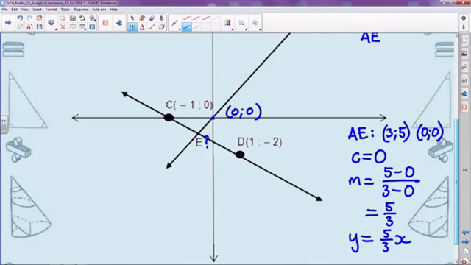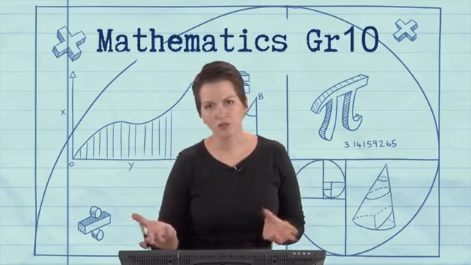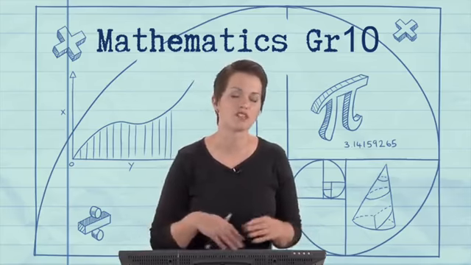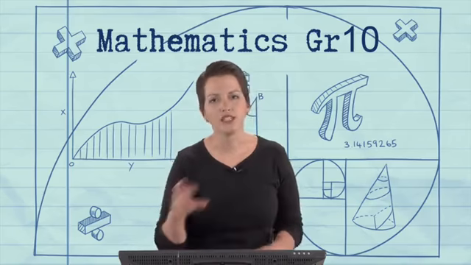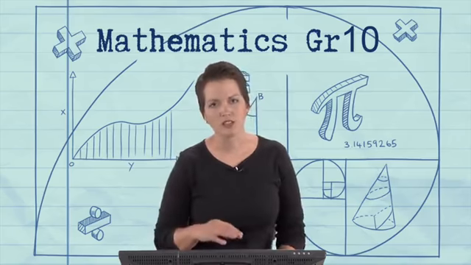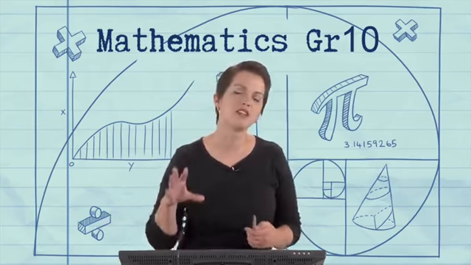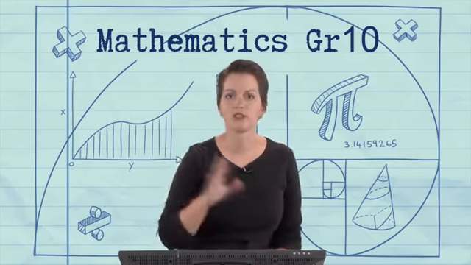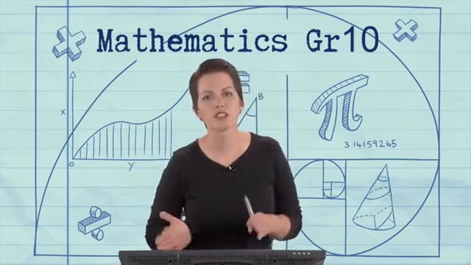Okay, so grade 10s, I often get the question in class, do we change it to a mixed fraction or leave it as an improper fraction? My general feeling is that you should leave it as an improper fraction because you're probably going to have to work with it later on. And that means if you've changed it to a mixed fraction, meaning 1.5 or 2 3/4 or whatever it is, you're going to have to change it back to an improper fraction in order to work with it again.